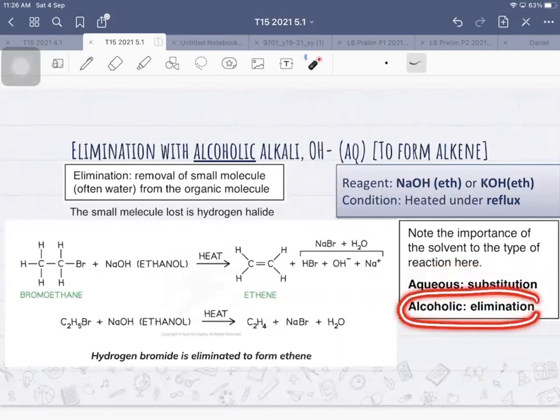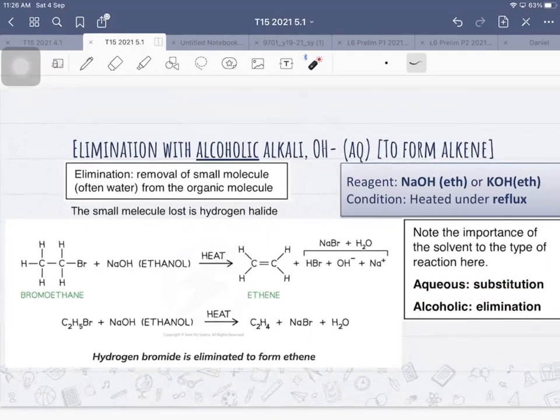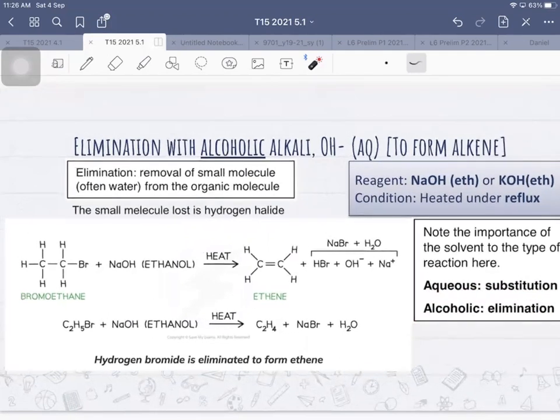For alcoholic sodium hydroxide, for example when you use ethanol to dissolve your sodium hydroxide, elimination reaction will happen.